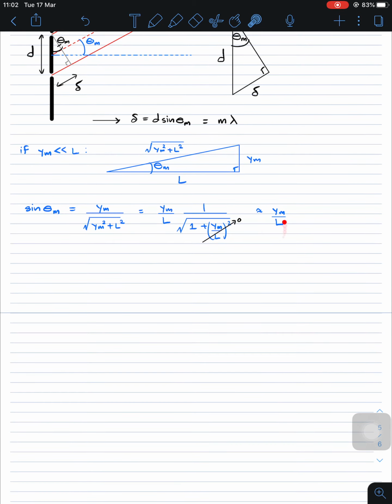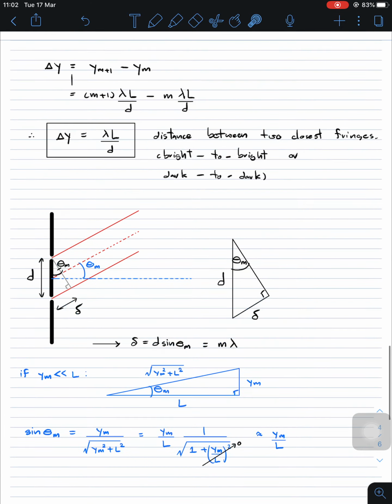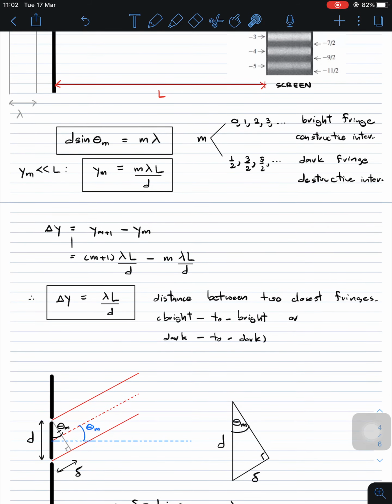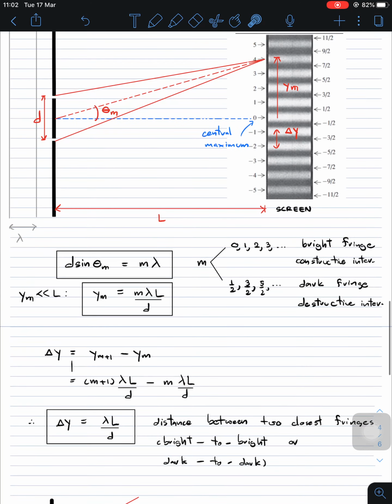Then we can just substitute y_m over L into this equation, and finally we get this one.